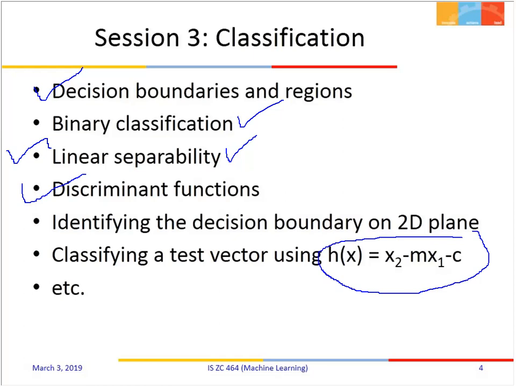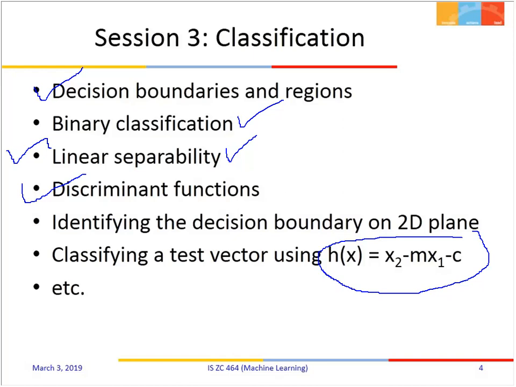So you can always say that if the test data is, let us say, xt, then after having acquired the values of m and c through your training data, you try to compute f of xt, where xt is the test data, using this equation, of course with its own x1 and x2.